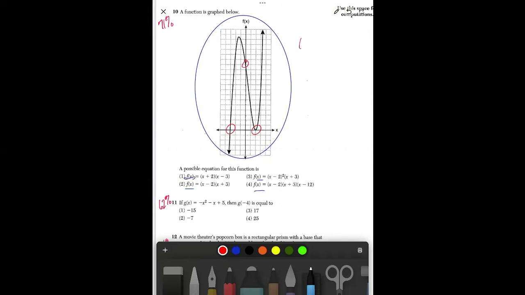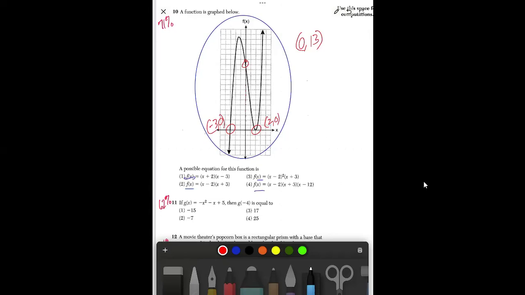The zeros are at negative 3, 0, and over here we have one that is 2, 0. So we're going to check every one of these graphs and make sure that they have those requirements, and that's going to be our answer.